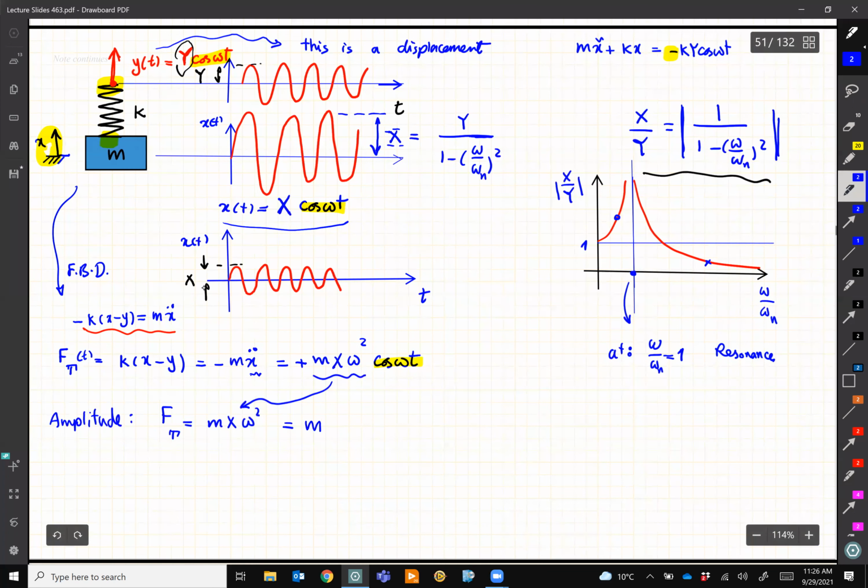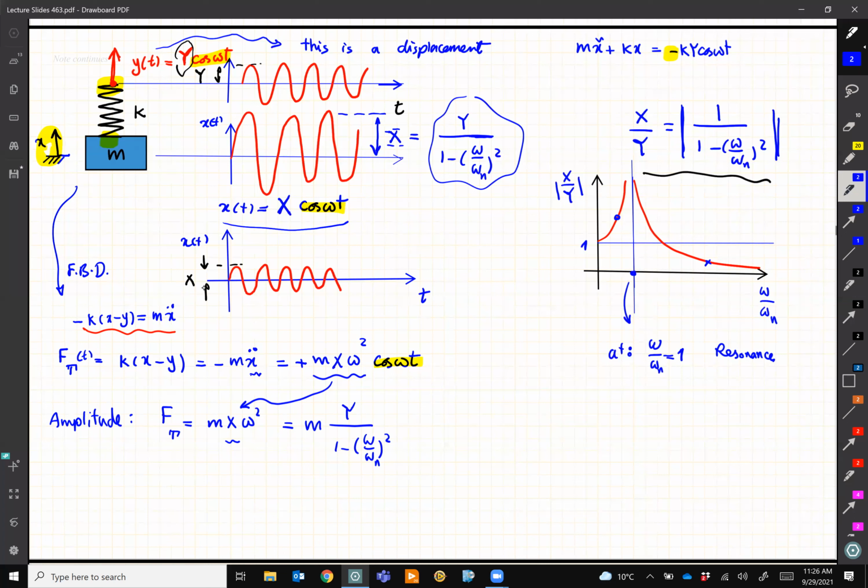And we have the formula for x, which is y over 1 minus omega over omega n squared, right? This is x. You have all these notes. You don't need to take notes, I guess. And then we have omega squared here. So far clear what happened?